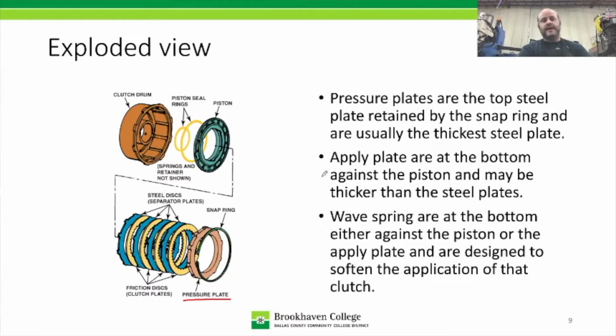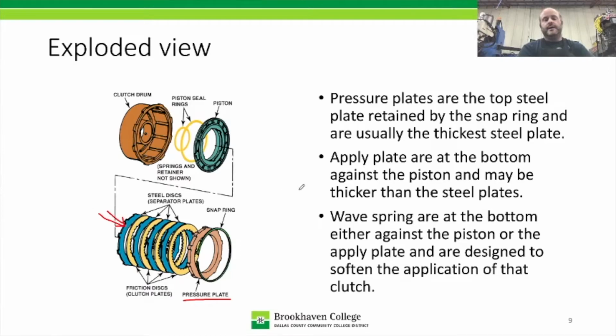The next one is the apply plate, which is not shown here, but the apply plate will oftentimes go down to the bottom of the clutch pack. And they'll use it for various reasons. Sometimes it's used depending on the type of return spring inside the clutch drum. So the apply plate will go down to the bottom, okay?